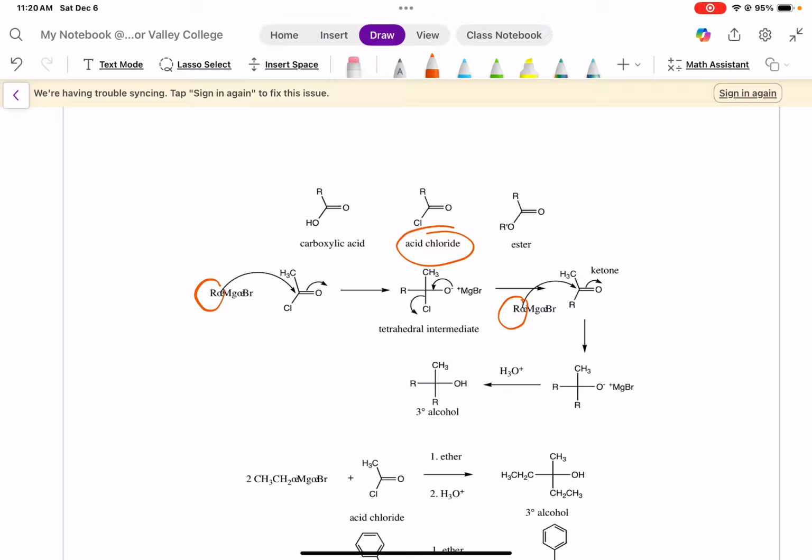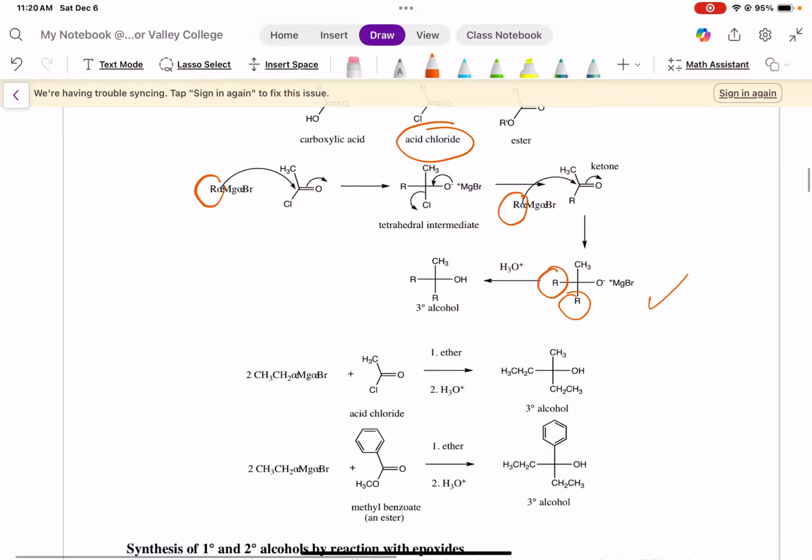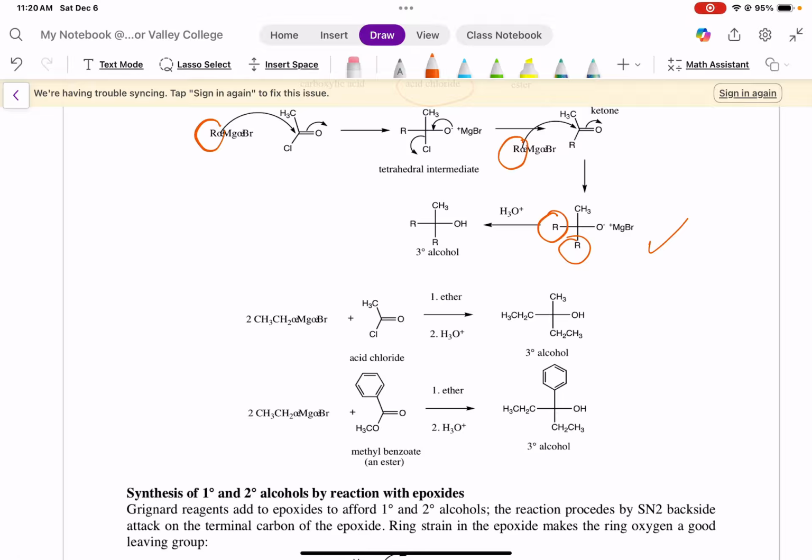Then pretty much we repeat the second time, just like previous reactions. We add to the ketone, so we would need 2 excess Grignard reagents. So we end up with 2, and then protonated, get the tertiary alcohol. So this is a good way to make tertiary alcohol, where the carbon is bonded to 3 other carbons.